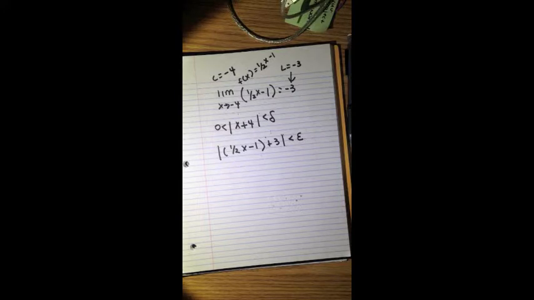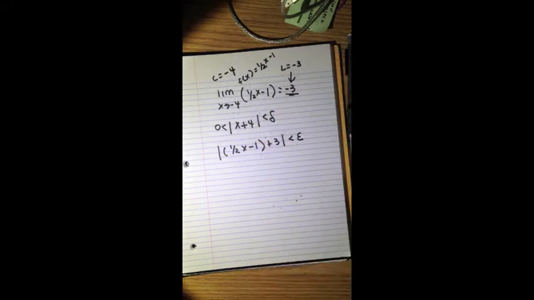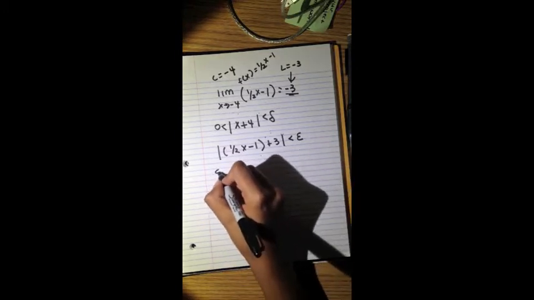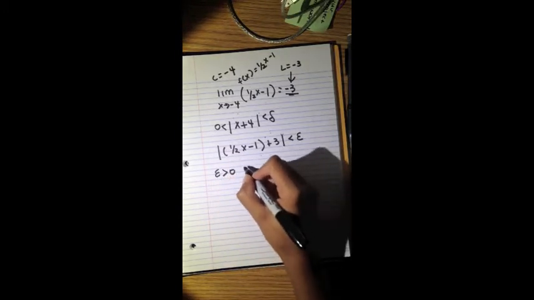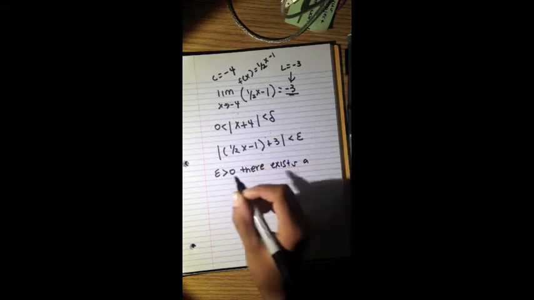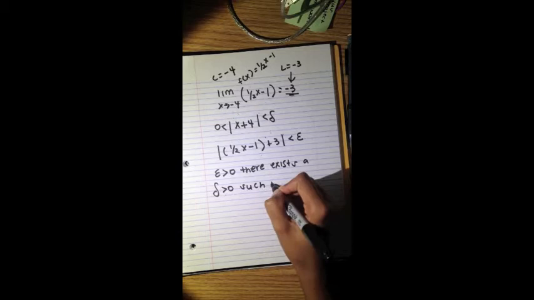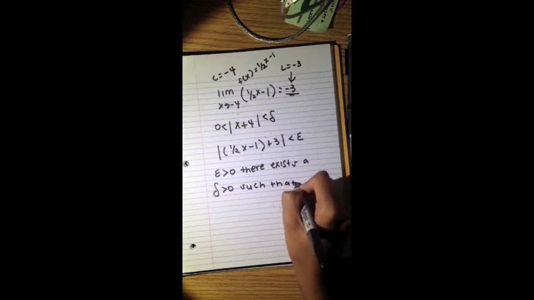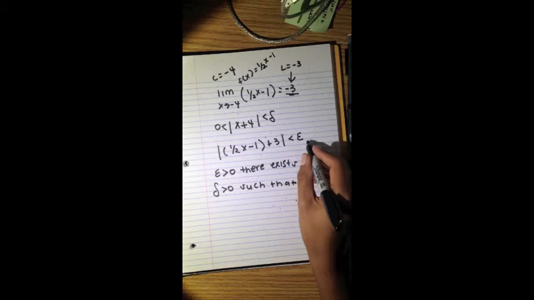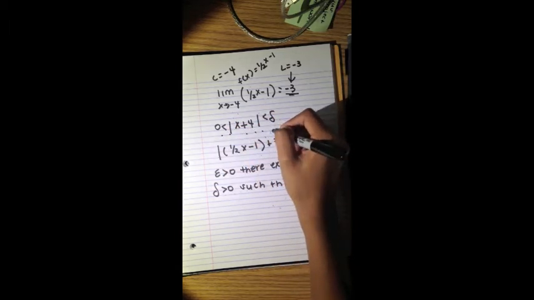Now, in order to prove that the limit is negative 3, or the limit is L, you must show that for each epsilon greater than 0, there exists a delta greater than 0 such that this is less than epsilon whenever 0 is less than |x plus 4| is less than delta.